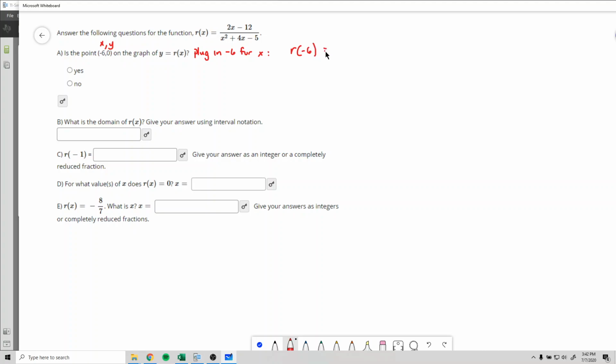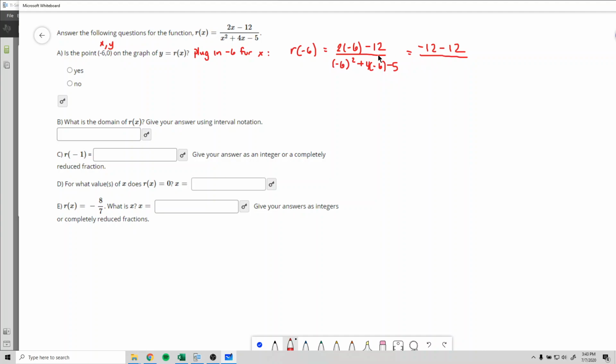We get r of negative 6 equals 2 times negative 6 minus 12 over negative 6 squared plus 4 times negative 6 minus 5. Now just simplify. 2 times negative 6 is negative 12. Negative 12 minus 12 on the top.